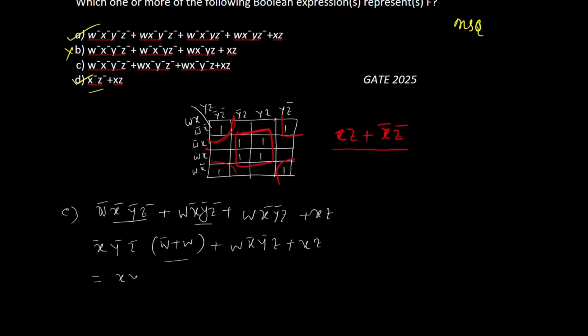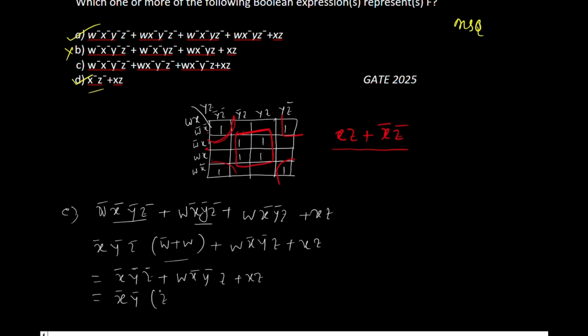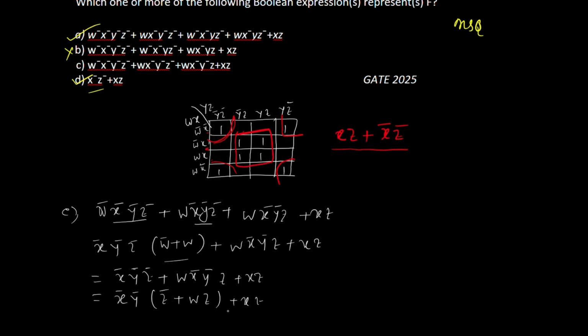So we get x bar y bar z bar plus w x bar y bar z plus x z. Now if we take common x bar y bar, then here z bar plus w z. From the distributive theorem we get z bar plus w z is equal to z bar plus w, since z bar plus z is 1.